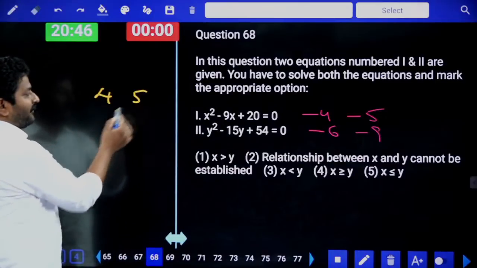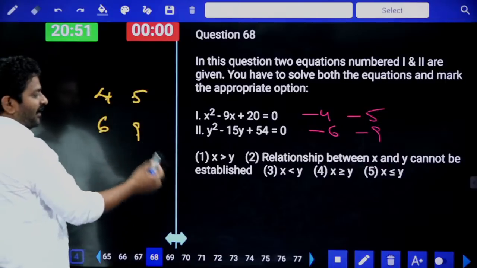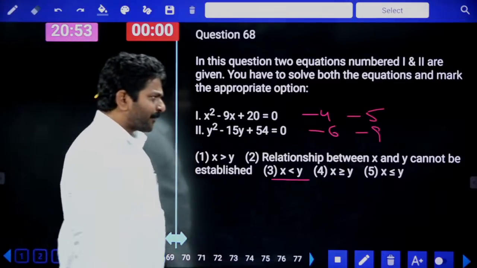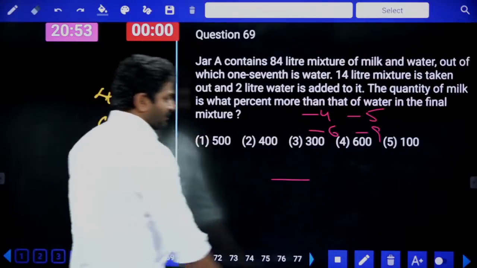Factors are 4 comma 5 for x, 6 and 9 for y. X less than y, x less than y. Everywhere x is less than y. Third option is our final answer.